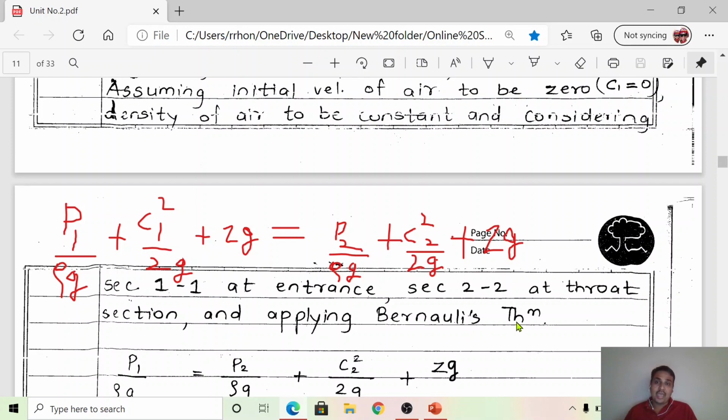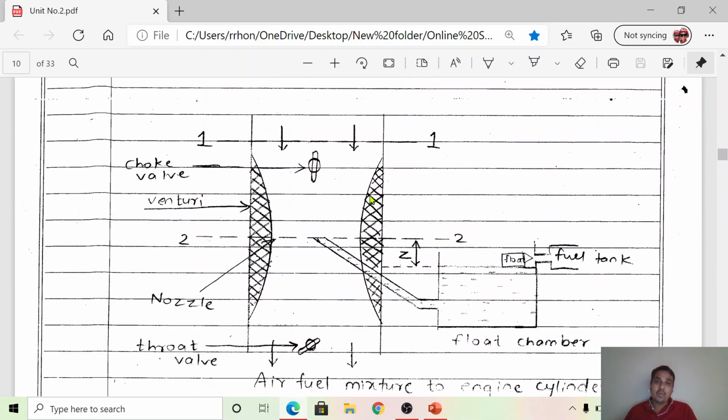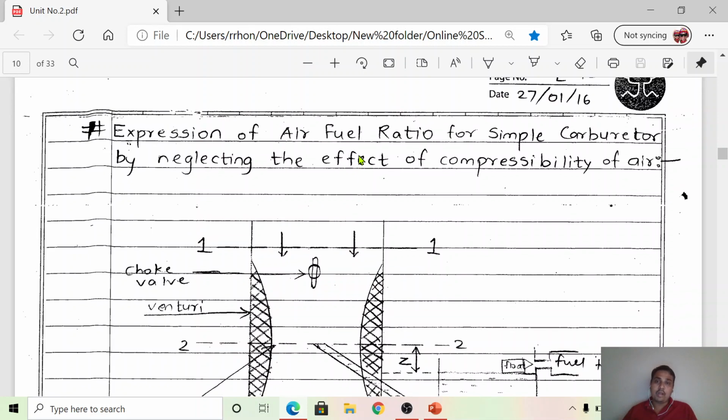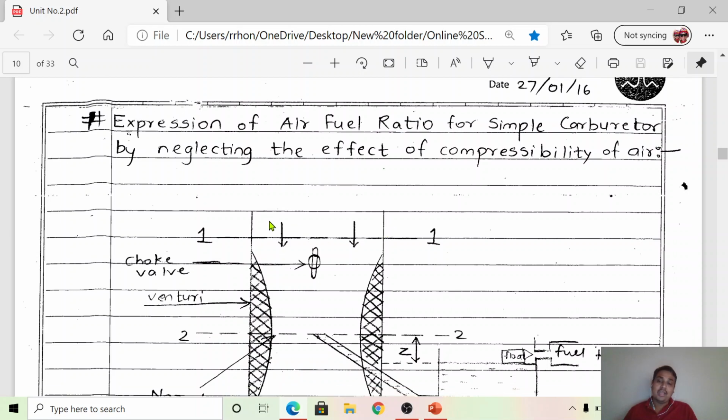So what have we considered? The initial velocity. When air enters the carburetor body, it has some initial pressure and some initial velocity. Because we are neglecting the effect of compressibility of air, let us consider the initial velocity C1 of the air to be 0.